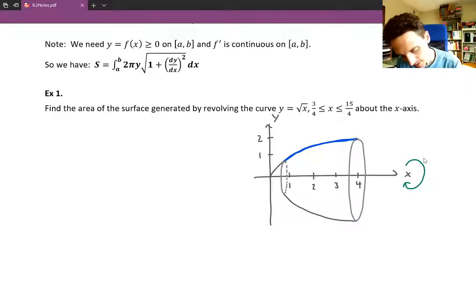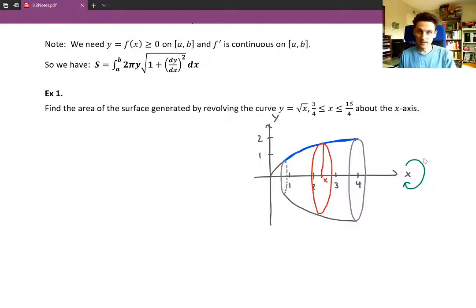So if we consider at a given x value a radius going from the x-axis up to the curve, if we spin that little piece of the curve around the x-axis, it's going to travel a distance of the circumference of that circle that we just drew. So now this radius here is given by y, right? Y is that vertical distance of the radius.